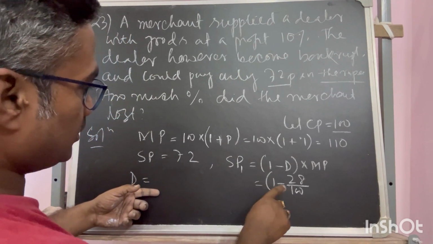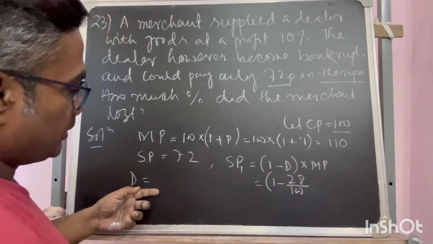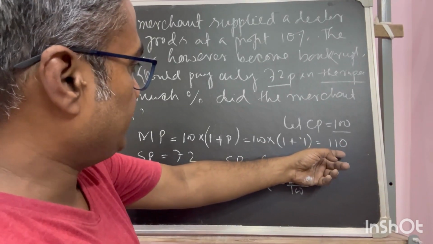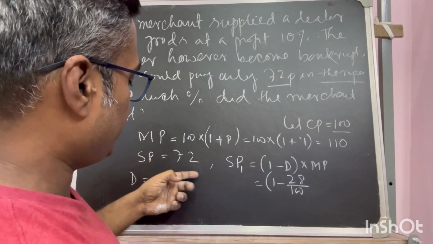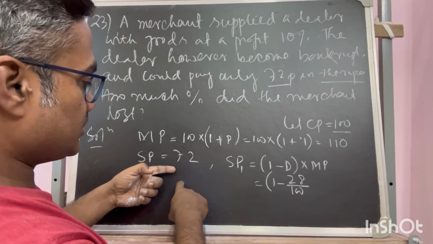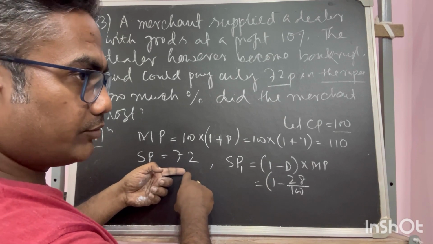If 100 is the intended price, then he pays 72, that means 28 less.